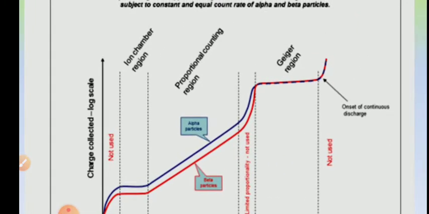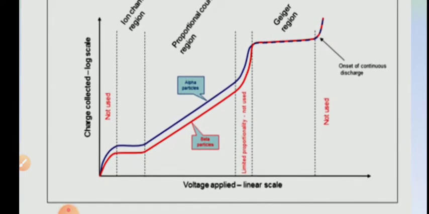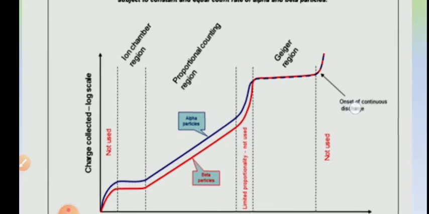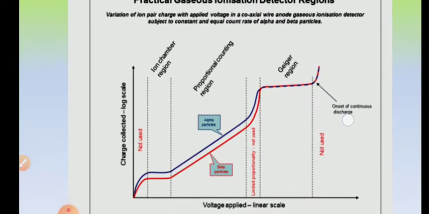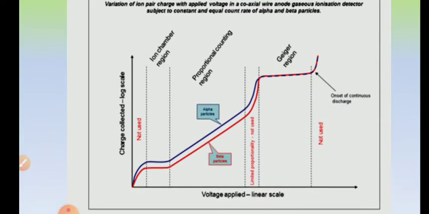You can see from this graph the applied voltage and the charge collected or current generated. Initially, the energy is absorbed and the atom undergoes ionization to form negatively charged electrons and positively charged ions.